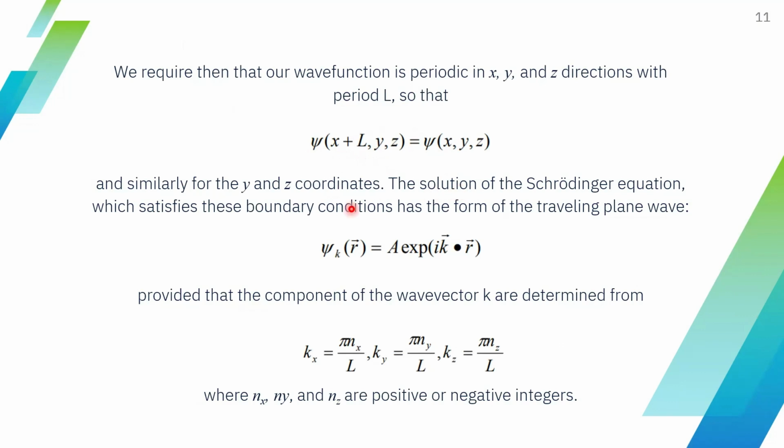Obviously, after this, the solution of the Schrodinger equation that satisfies these boundary conditions has the form of a traveling plane wave, psi k of r vector equal to A exponential of i k vector dot r vector.